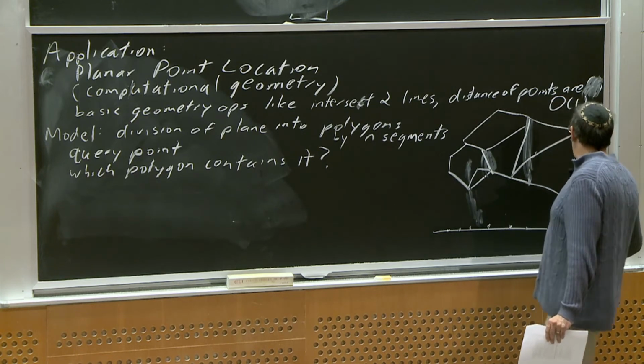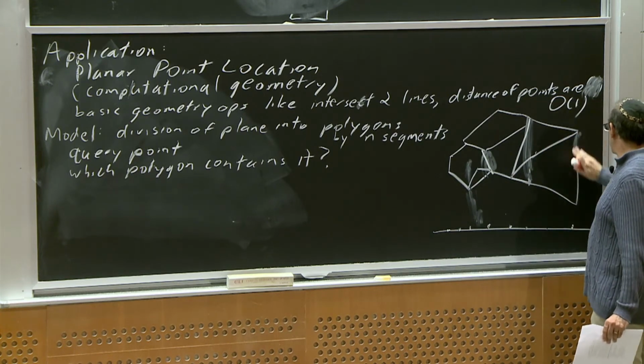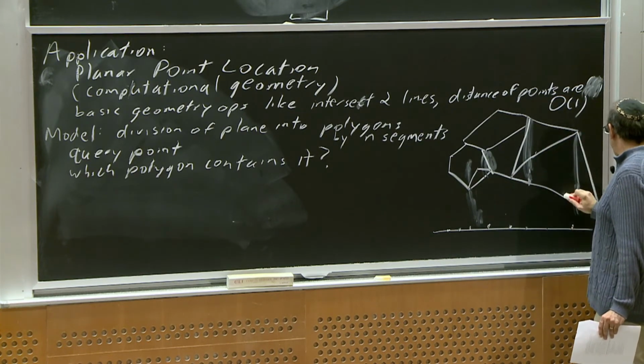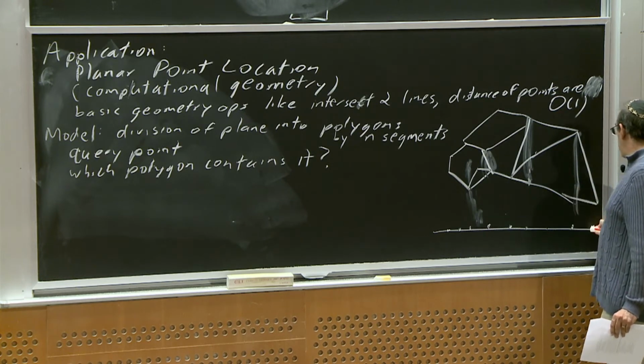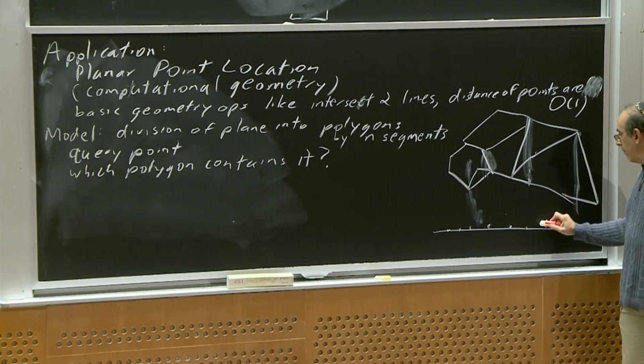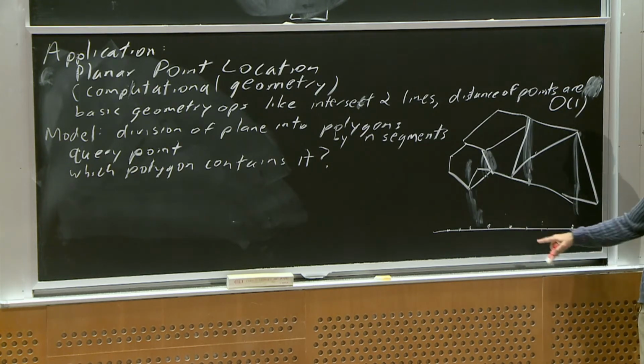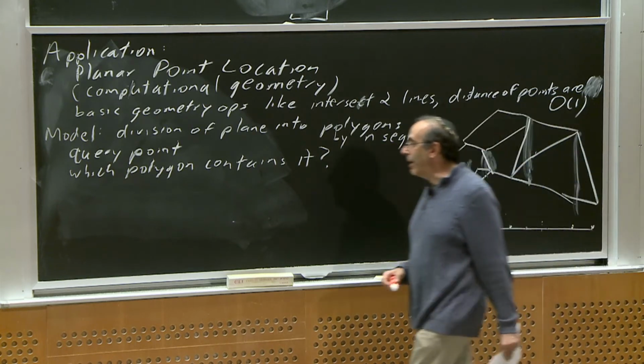Right. And again, I get a query point, and I want to know which polygon, in other words, which line segment, is my query point in. Right? How do I answer that question?